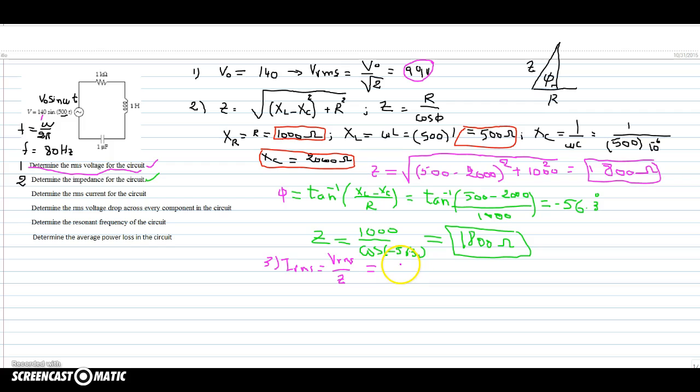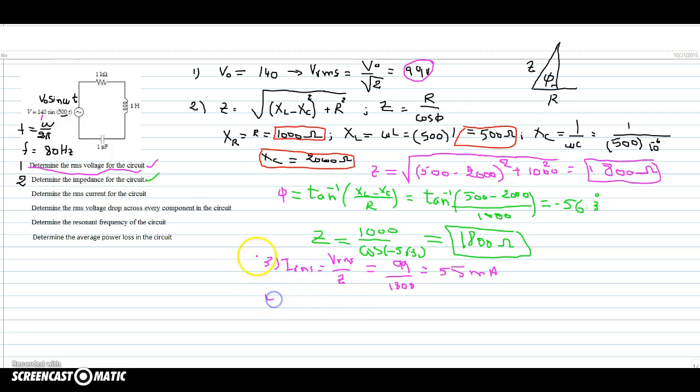So we said it's 99 divided by 1800, which is 55 milliamps.